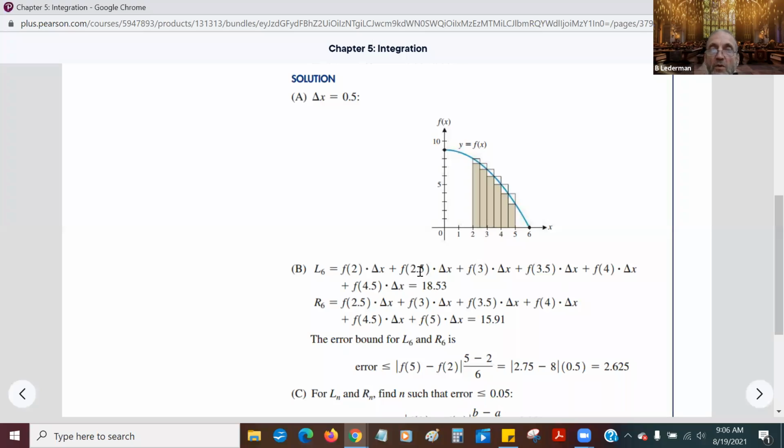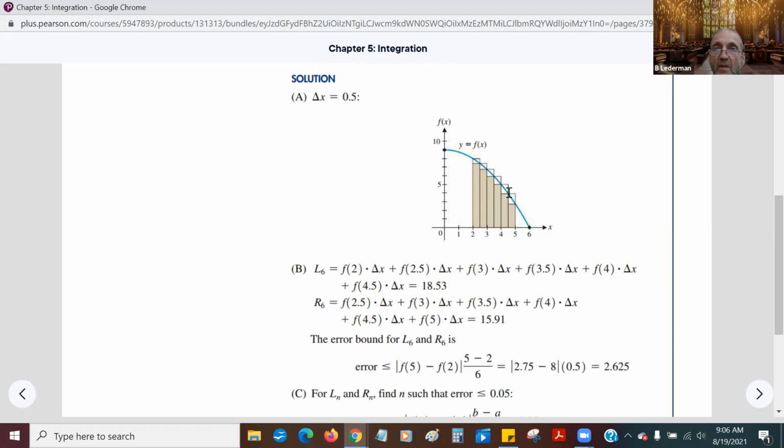Then the next rectangle has a height of f of 2.5, whatever that number is, times delta x again. The delta x never changes. Then the next rectangle has a height of f of 3, and so on: f of 2, 2.5, 3, 3.5, 4, 4.5, and that's the last of the left rectangles.